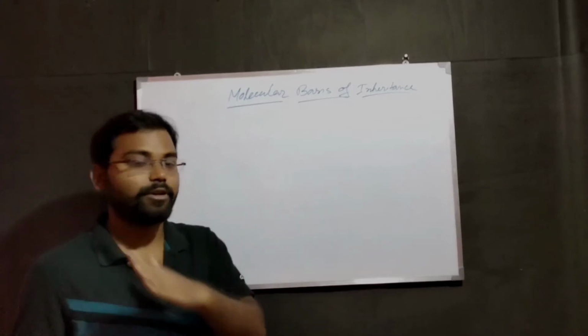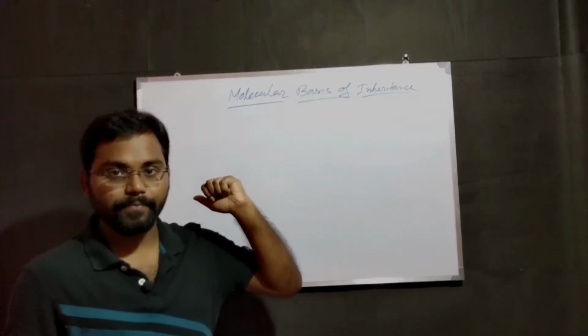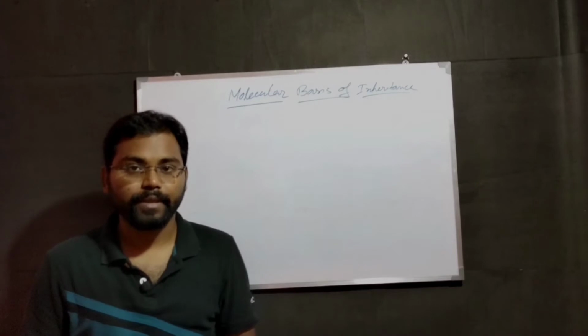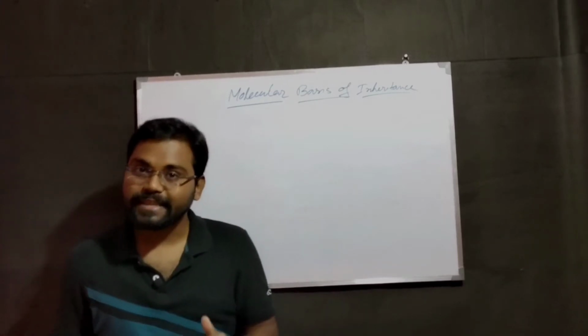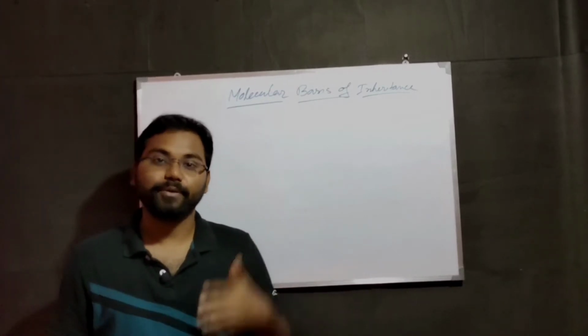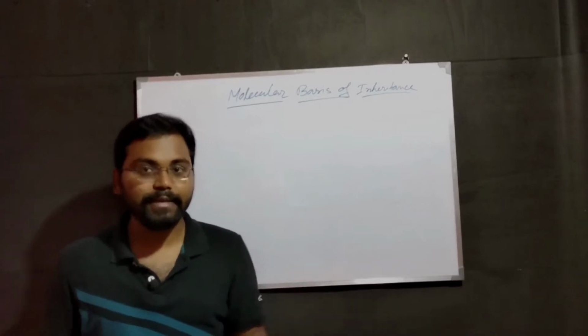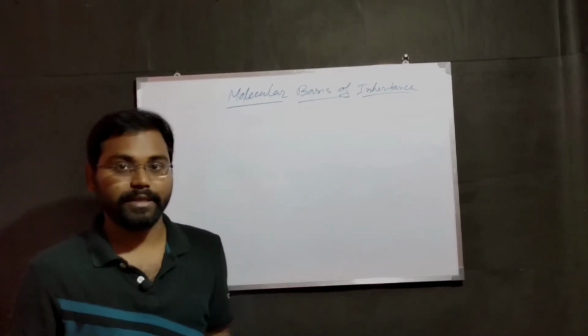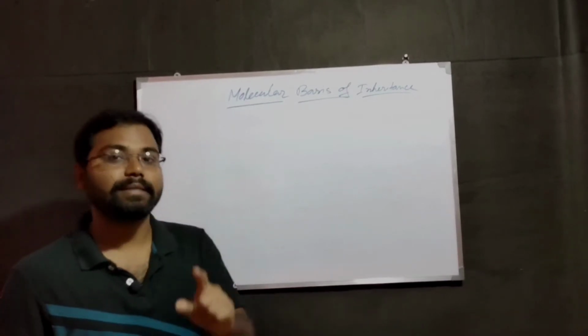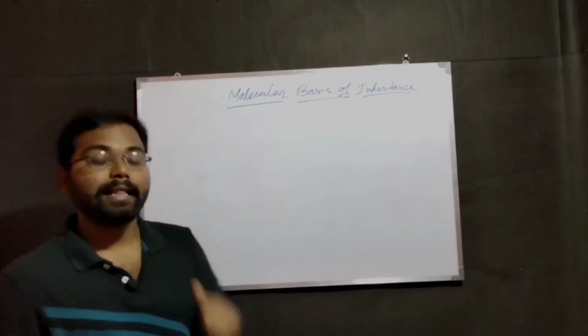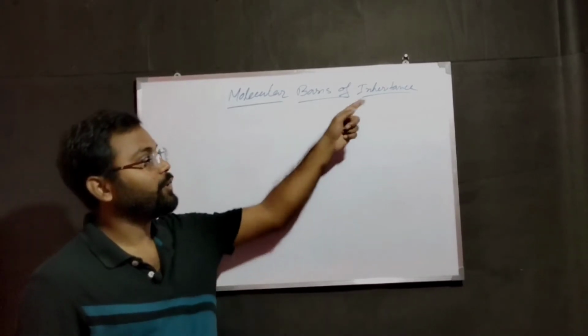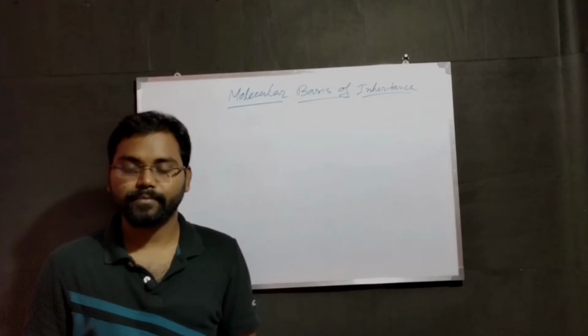This process is called inheritance. But how? To know this, you need to recap the previous chapter, Principle of Inheritance. But in this particular chapter, we will only discuss the molecule that is responsible for inheritance.